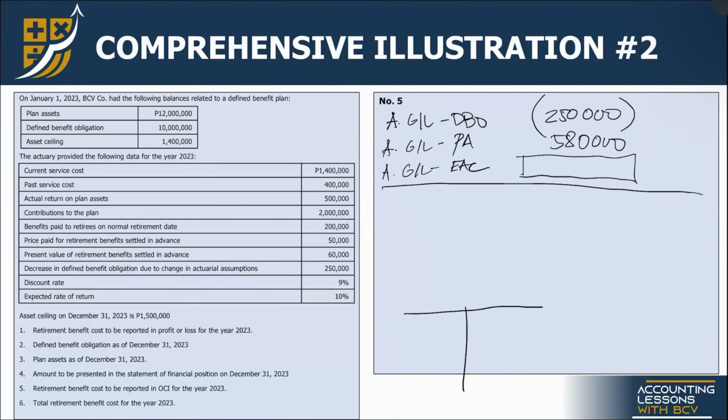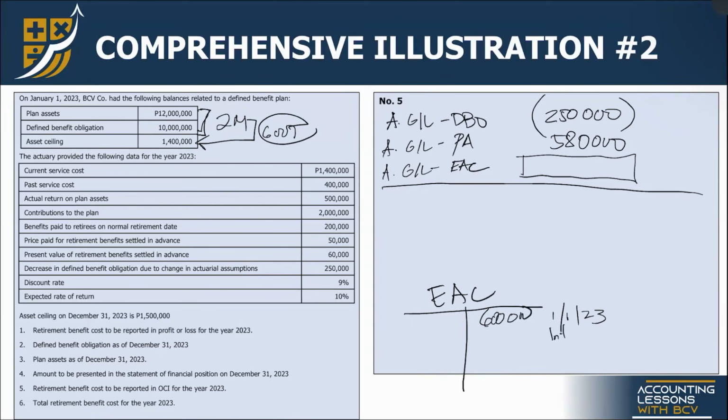Buksan natin the account ni asset ceiling. So, effect on asset ceiling. Magkano ang kanyang beginning balance, class? Yung difference, kunin nga ulit natin difference na ito. 2 million versus 1.4 million, may difference siyang 600,000. Tama? So, lagay natin yan dito.